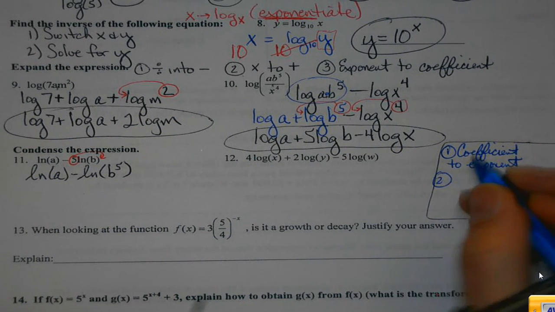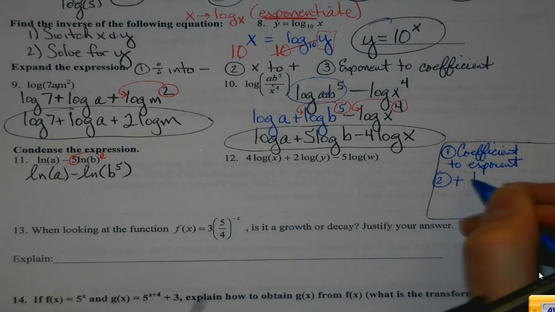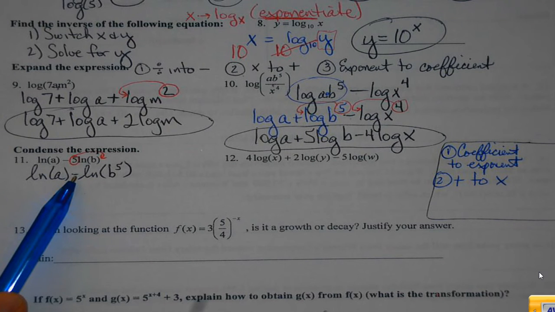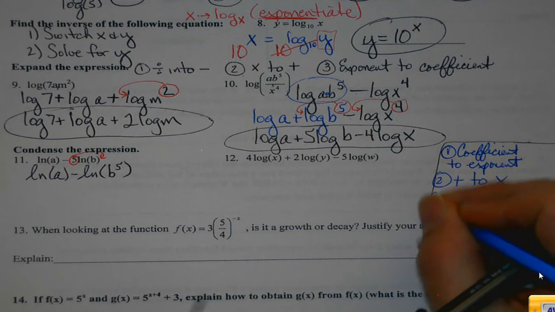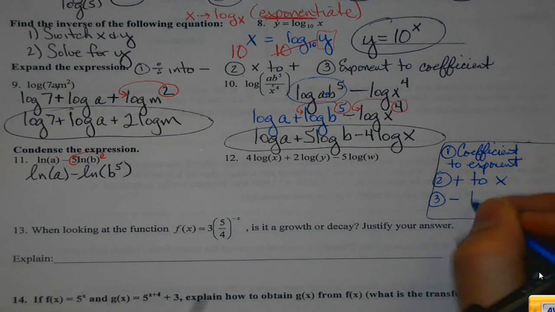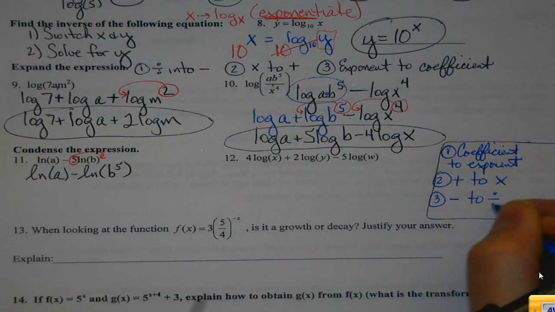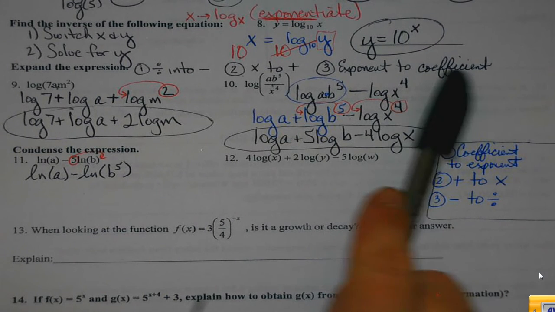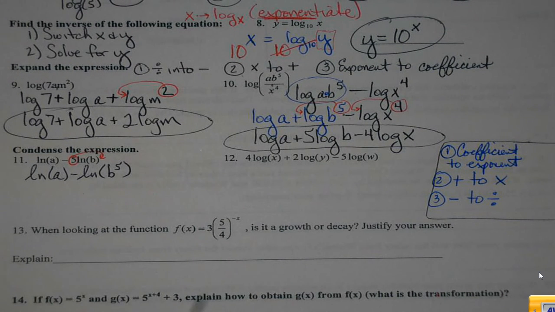Then I look. If I have any addition, it goes back to multiplication. Well, I don't have any addition, so I get to skip that one on this one. And then finally, subtraction is going to turn back into division. So it basically is going exactly backwards from the expand stuff. Even if you just remember one of these, just remember they go backwards.